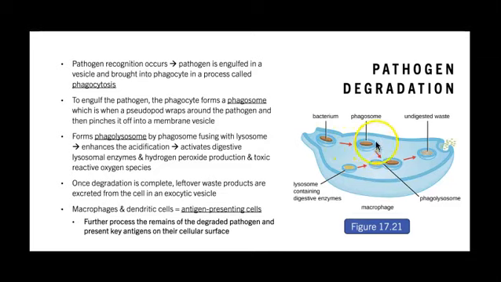It becomes a phagosome when we have the pseudopods, almost like little feet, wrapping around the pathogen and pinching it into this vesicle. It's going to fuse together with a lysosome. When the phagosome and lysosome are fused together, we call that a phagolysosome.